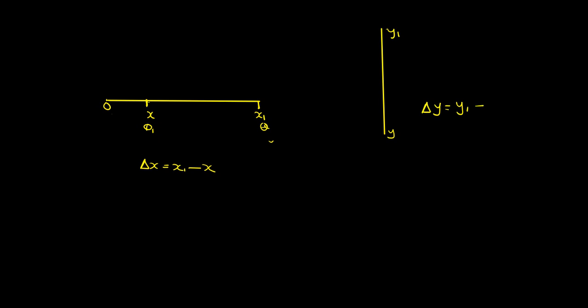Okay, so now that we have these two equations, I want to tell you that we can come up with something interesting. So I'm saying the change in y is equal to y1 minus y. This is in relationship with x and y, so we have coordinates like this for x and y.